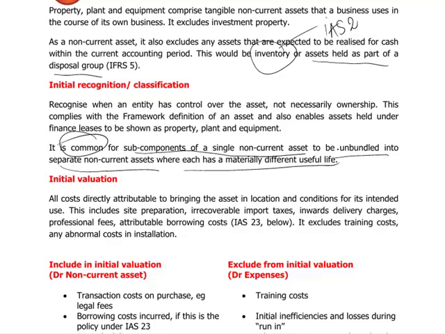The plane itself is a non-current asset, but because many of its parts have a materially different useful life, that particular non-current asset will be unbundled into separate non-current assets, such as chairs, for instance, versus the engine. So all these elements, you could ultimately look at them and they would clearly have a different useful life. You would have them unbundled and dealt with individually, separately.